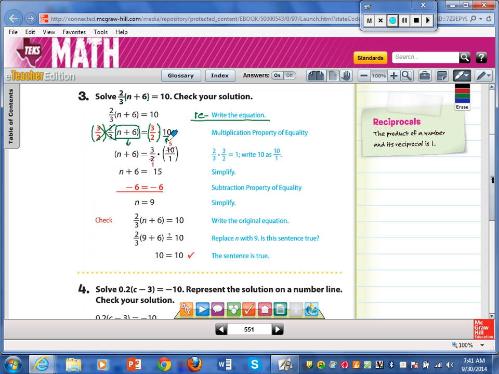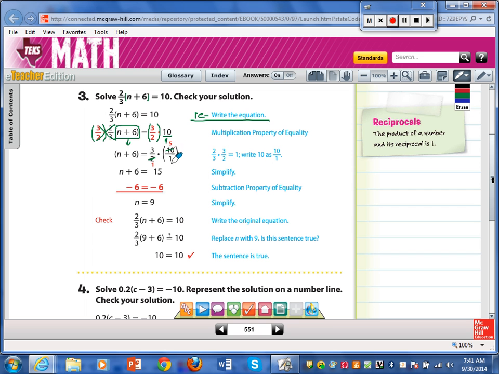Over 1. Now as you can see in this next section here, they tell you that a fraction times its reciprocal will always give you the answer of 1. So if we put 10 over 1, we know that 10 and 2 are factors of each other. So 2 goes into 2 1 time, and 10 goes into 2 5 times.